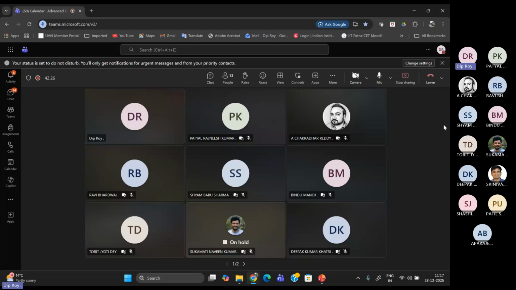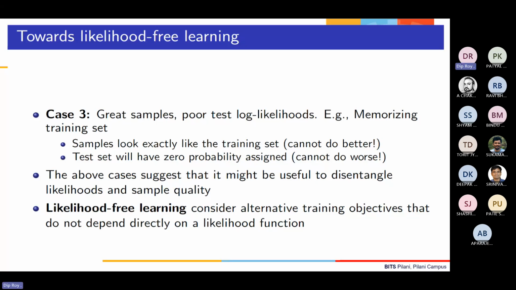But during validation or testing phases, it falls flat on its face. Now think about this particular scenario here. Great samples, poor log likelihood, memorizing training data. So this is an overfitting case. Even in case of overfitting, you will see that your model is giving you great samples.